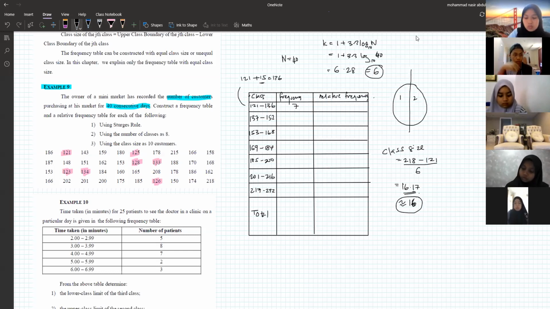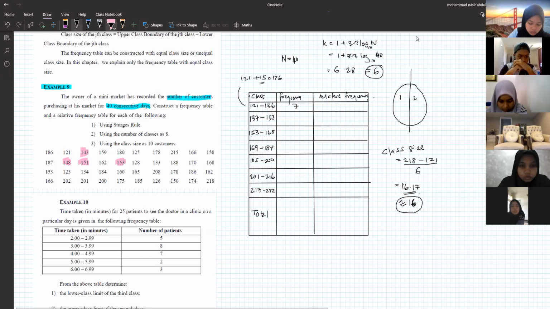For the second class, we have 137 to 152. This one is included, and this one is also included.